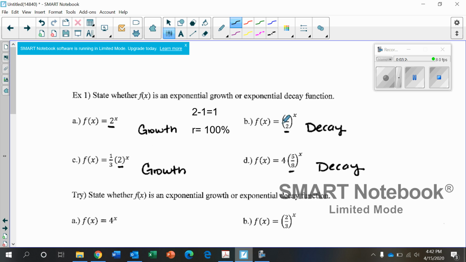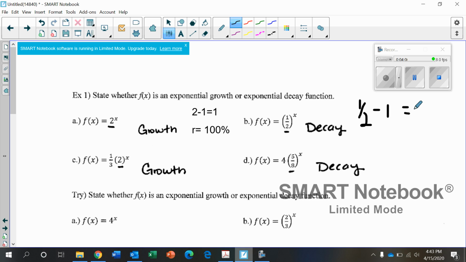Great. So over here, I have my 1/2. It's in between 0 and 1. It is positive, but it is less than 1, so it is decay. So again, to find my rate, I would do 1/2 minus 1.